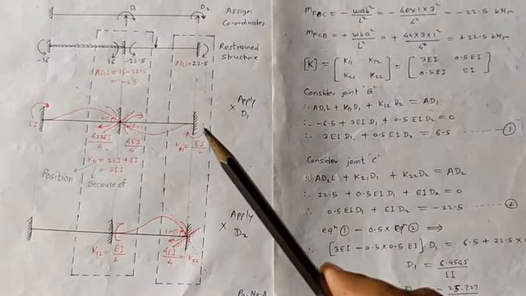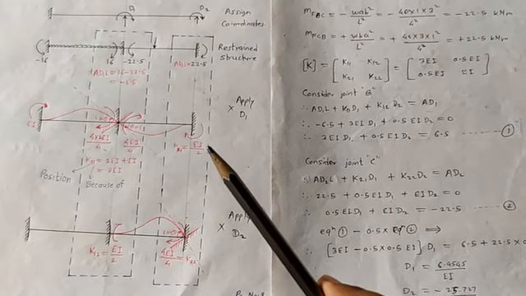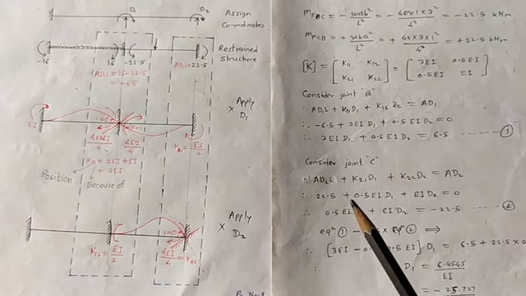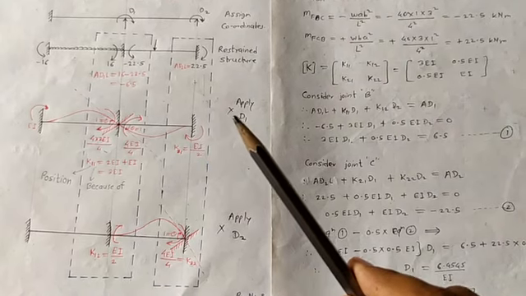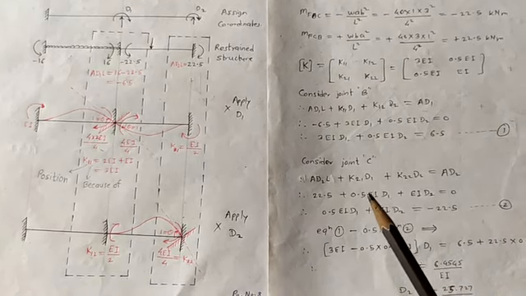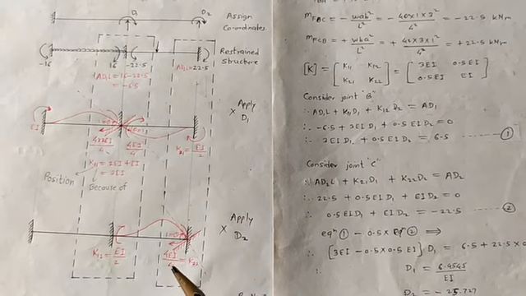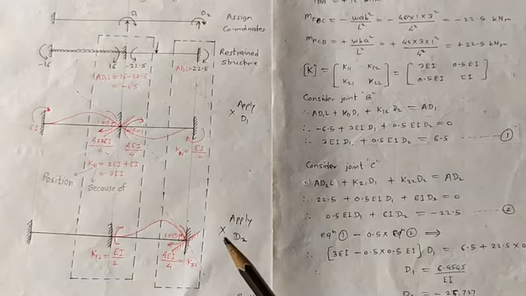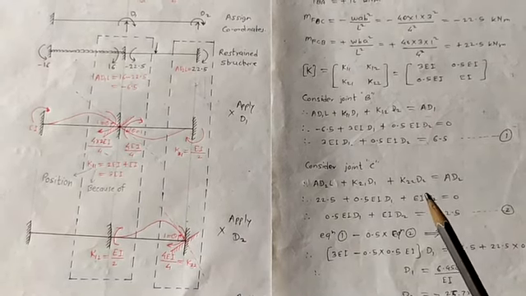Next, at joint C we get the moment EI upon 2, and that is going clockwise, that is positive. So plus 0.5 EI, and this total diagram is multiplied by D1, that's why I multiplied by D1. Next, at joint C the moment is only EI, again multiplied by D2, that's why EI into D2.